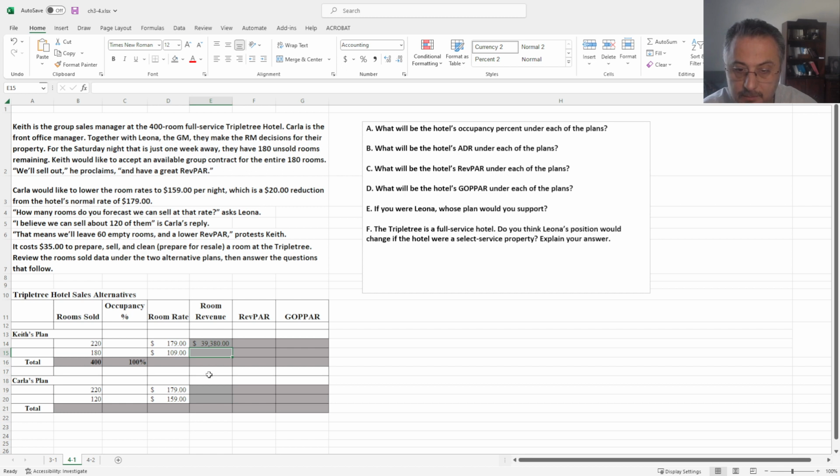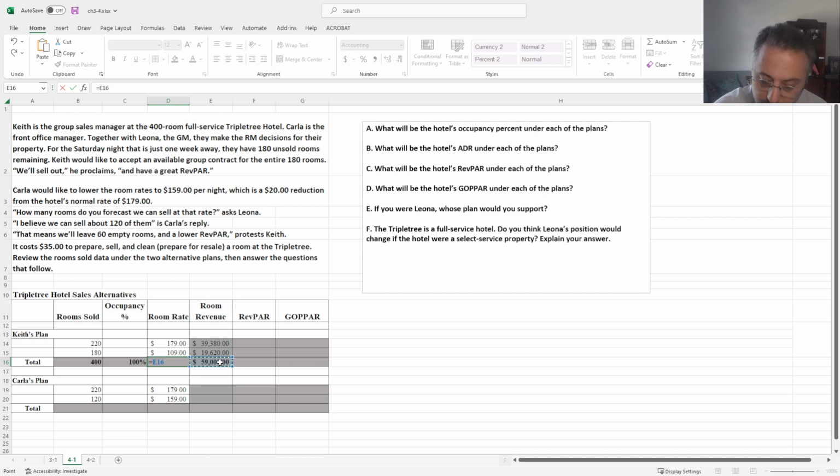And once again, 109 rooms, 180. Now, total room revenue is going to be this plus this one. Now, ADR is going to be total room revenue divided by 400.